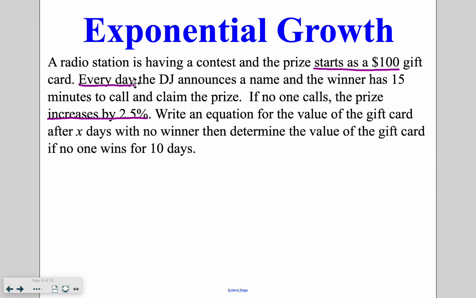Write an equation for the value of the gift card after x days with no winner, and then determine the value after 10 days. So the first thing it asks us to do is write the equation. So I'm going to start with y equals, and then I've got that prize starting at $100. And then I've got parentheses. I always start with 1 to stand for 100%.